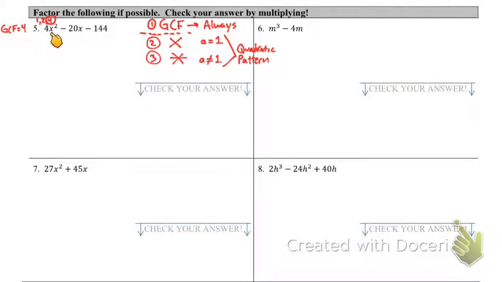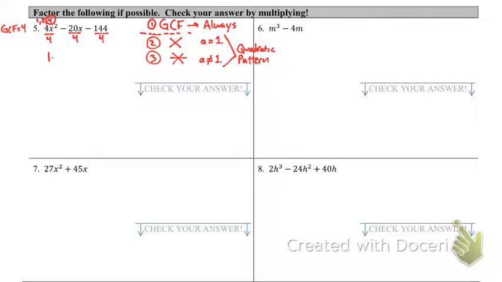So we're going to complete the GCF process. The next step in GCF is dividing by 4. Let's divide by 4. 4 divided by 4 is 1.